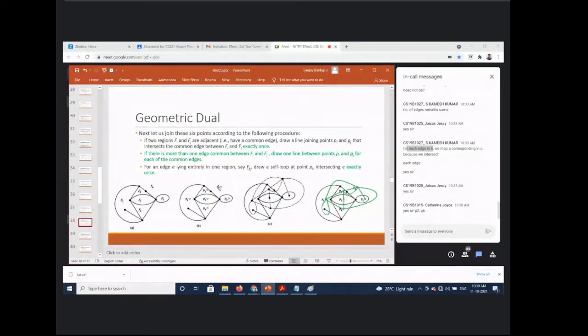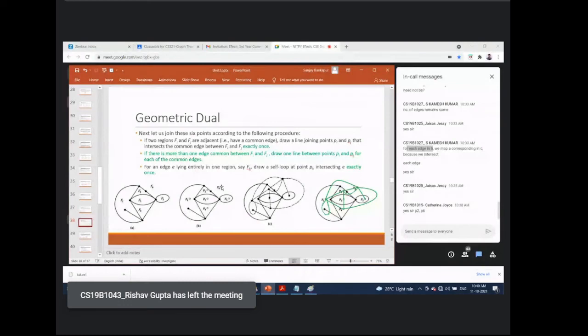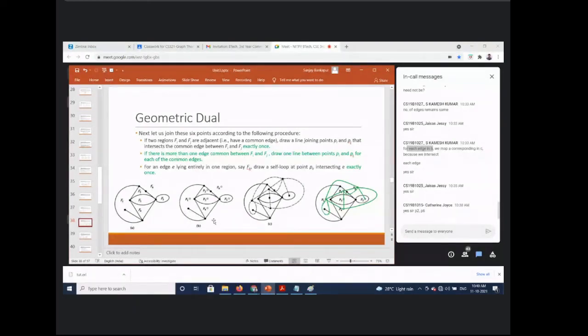Considering P6 as an exterior region, before going to P6, I will stick to P4. P4 being an interior region, how many edges is the region surrounded with? What is the boundary, the number of edges for P4? 3. Correct.